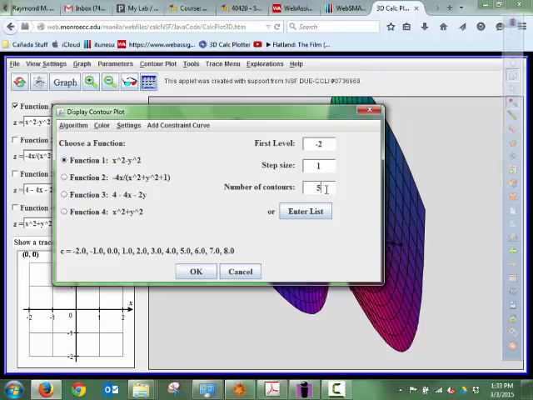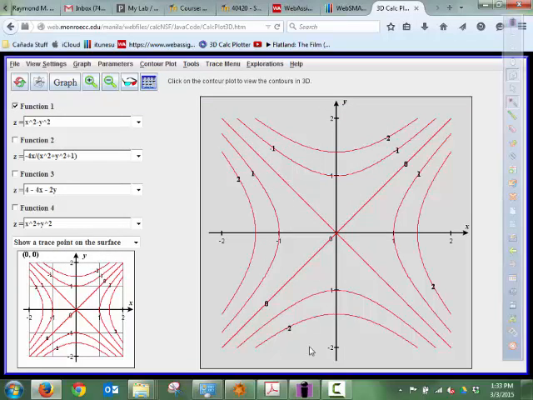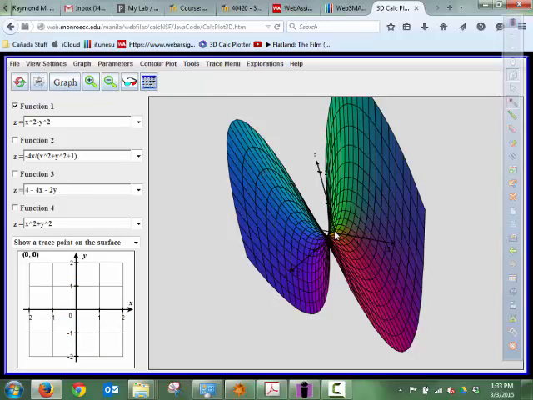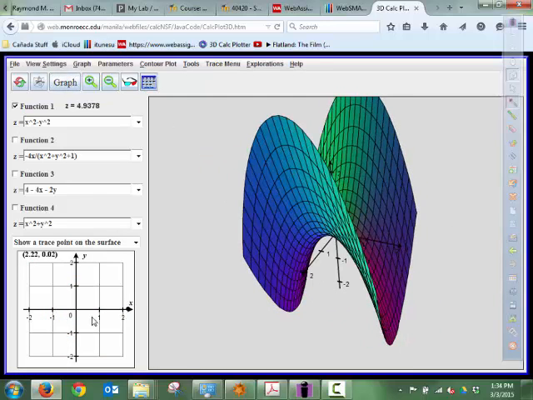So that's 5 contours. So these are the contour plots that we would see, right? And let me redraw that graph. Oh wait, the contours are supposed to be here. Can I draw the contours?